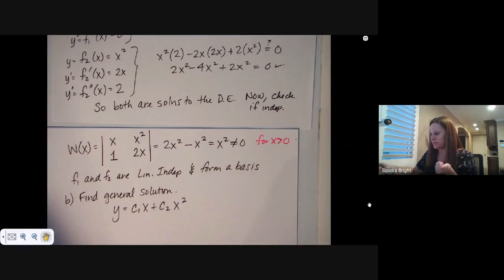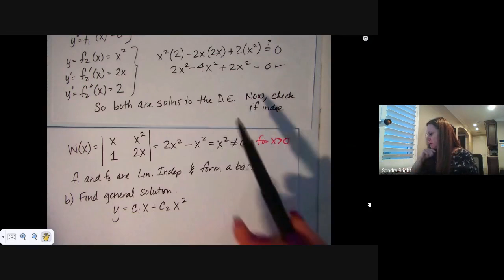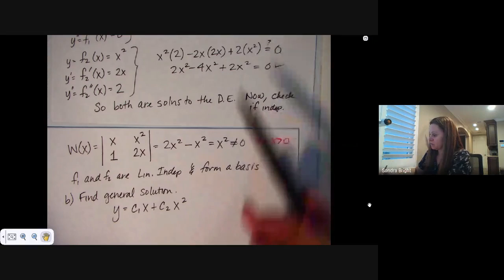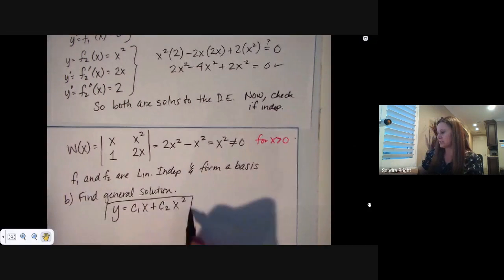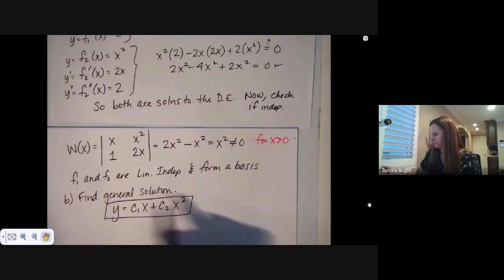The order of the differential equation was 2, and we found these were 2 different linearly independent functions, and so they form a basis, and the general solution is just a linear combination of the 2 functions.